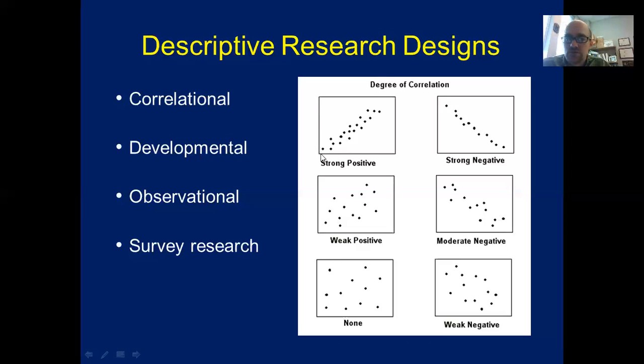If those are strongly correlated or associated, then you can say something about that. There's some sort of relationship between those two things. We use that a lot in our research when we're comparing different things and looking for those kinds of relationships.